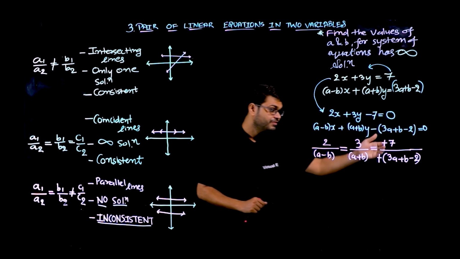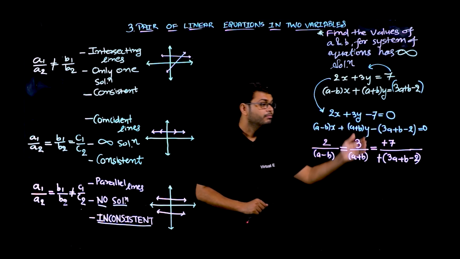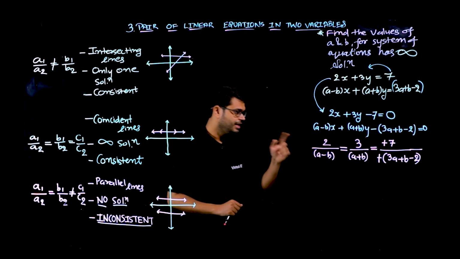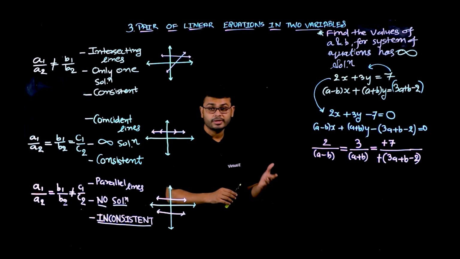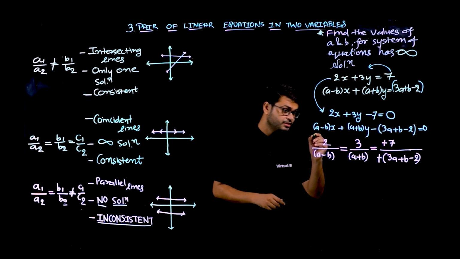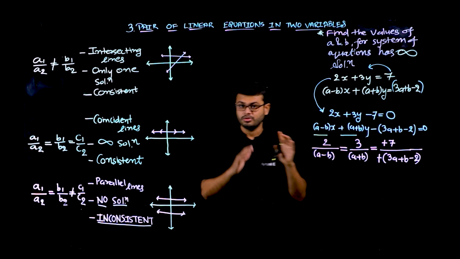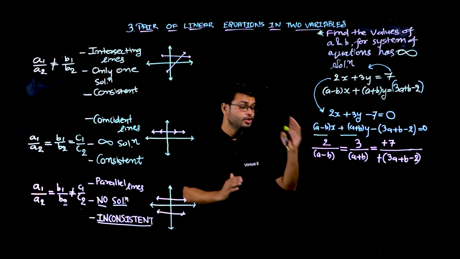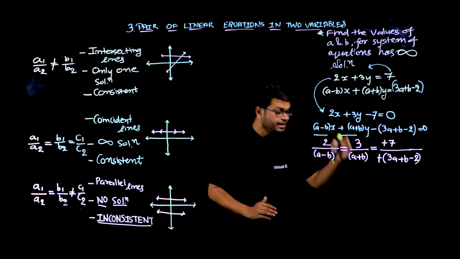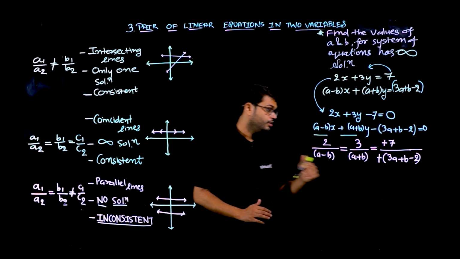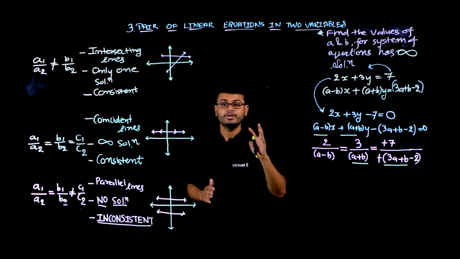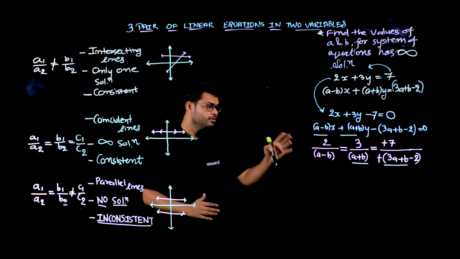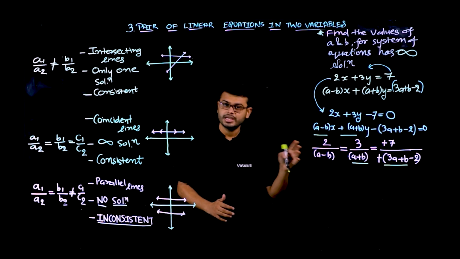So right now it is very convenient that both have become positive. Let's solve this. Either you can take this term and this term together, simplify, and you will get one relation of a and b, right? Or you can also take this term and this term together and solve it, and you will get another relation there. So we will solve those relations as well.